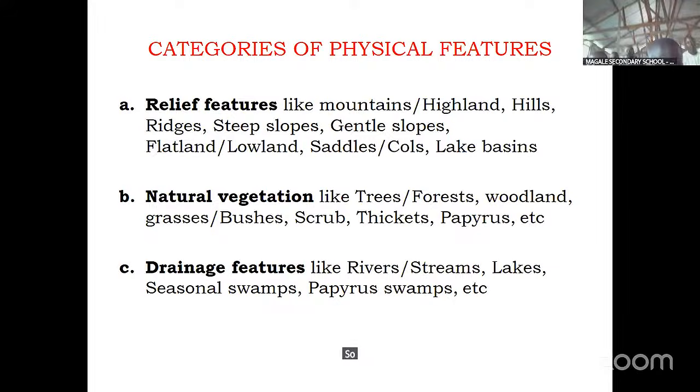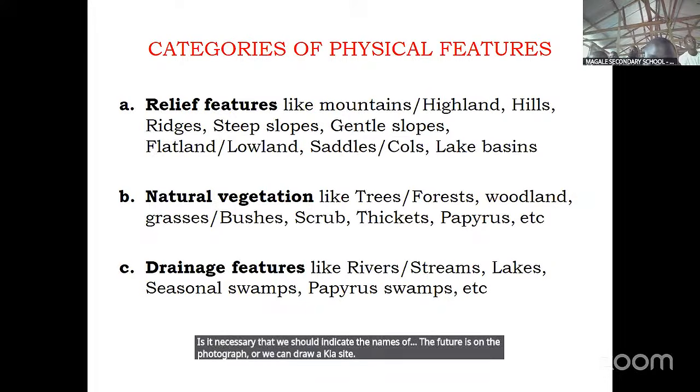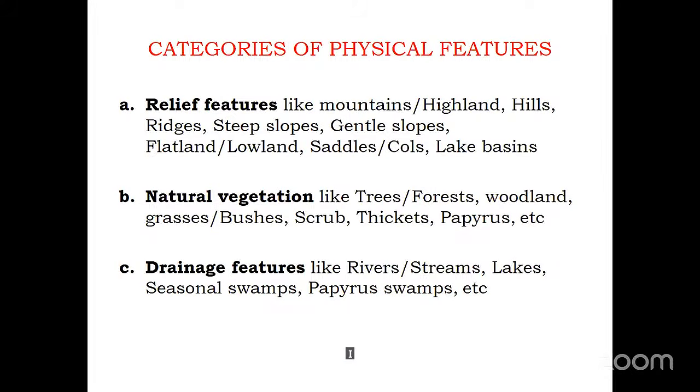So when you are drawing the photograph, you said that we indicate, is it necessary that we should indicate the names of the features on the photograph, or we can draw a key aside of the photograph? I encourage you to mark and name on a photograph, a ground photograph. Draw pictures, not symbols. Draw pictures of the images in the photograph and write on them directly.